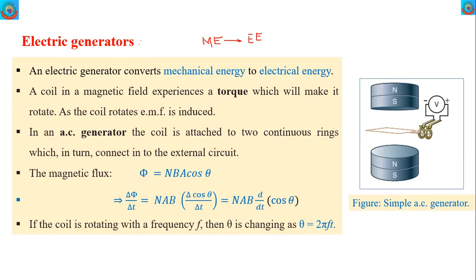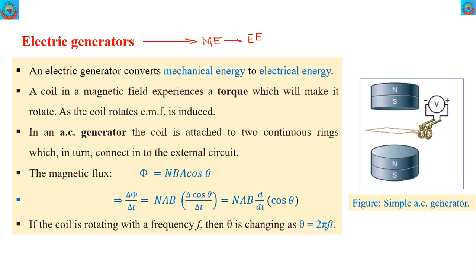Okay, so the main function of an electric generator, አላማው ምንድነው, mechanical energy ወይም ደግሞ rotating shaft, okay, which creates a magnetic field and then finally changes it to electrical energy.